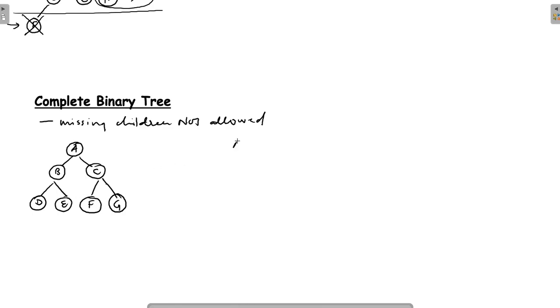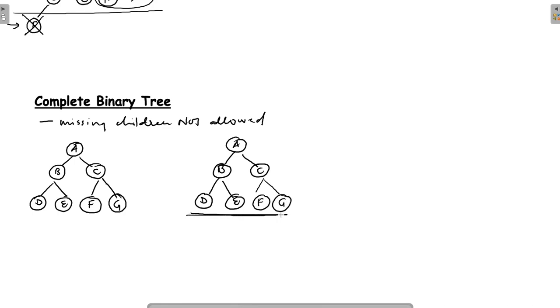Okay, now let us take another example. Suppose we have nodes A, B, C, D, E. So whether it's an almost complete binary tree, yes it is, because level wise it is okay, but it is not a complete binary tree. Why? Because C has missing children. So what it means, if you add the nodes, suppose F and G, then the leaf nodes should be at the same level.